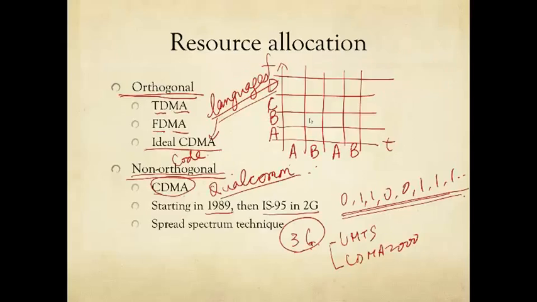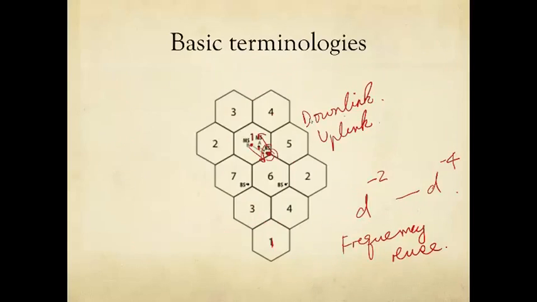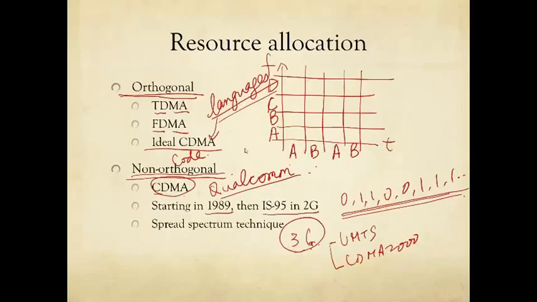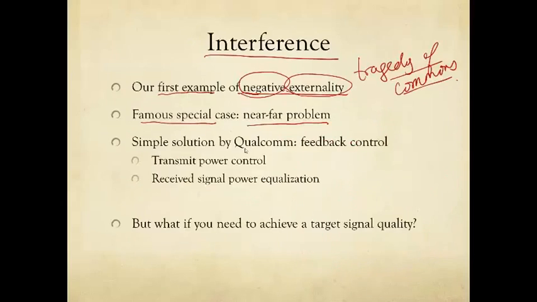If we go back to this picture, you see that mobile station A is much closer to the base station than mobile station B. Let's say your friend's iPhone might be much closer than your Android phone to the base station. Maybe your friend is sitting right beneath the cell tower.